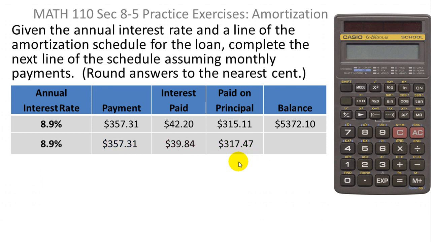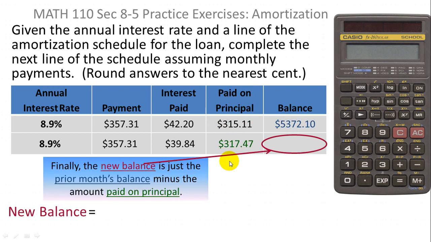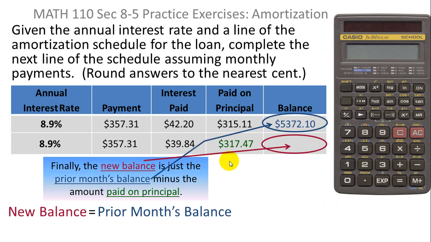Almost done. The final balance is simply what you owed the previous month minus what you paid down on it. And remember, the interest is sort of the bank's profit, so the balance only decreases by the amount paid on principal. So again, the new balance is the prior month's balance minus the amount paid on principal.